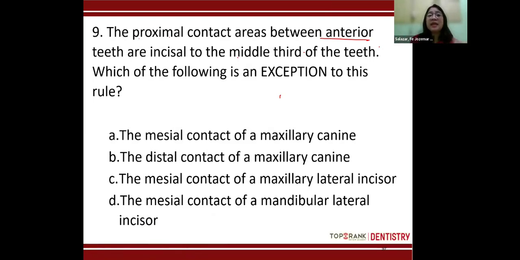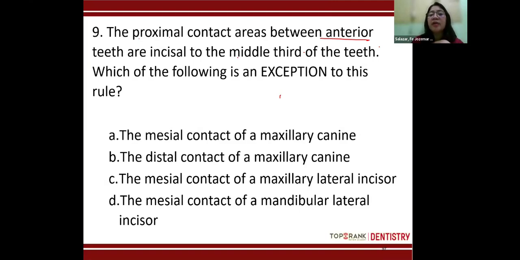In all teeth, except for the mandibular central incisor, the mesial contact area will always be more occlusal than the distal contact area. Someone asked if in posteriors the mesial contact area is more occlusal. Yes. In all teeth, the rules still follow. So the proximal contact areas between anterior teeth are incisal to the middle third of the teeth.